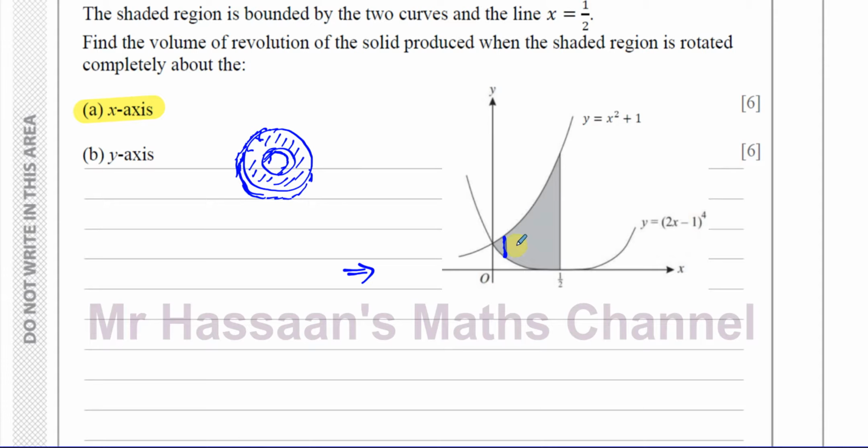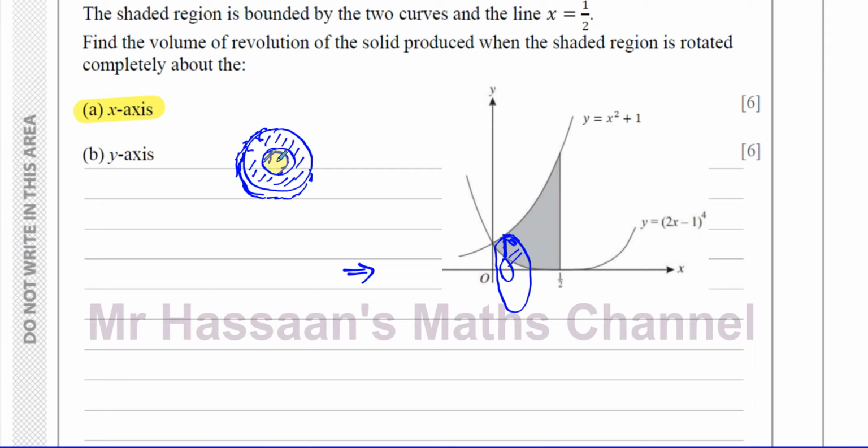Now, to find the volume of this little cylinder that's going to be formed when this goes all the way around the x-axis, you have to find the area of this cross section times how deep or how thick the cylinder is, which would be its thickness.